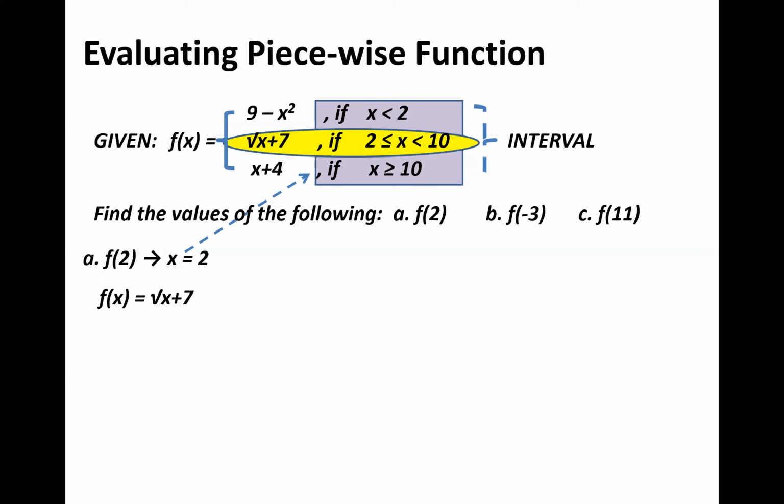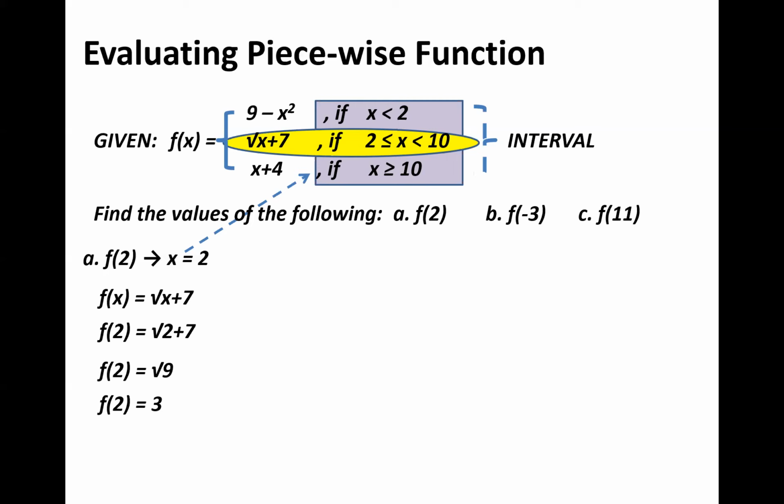So proceeding, substitute kagad natin. X is equal to 2. So that's f of 2 is equal to square root of 2 plus 7. Then, f of 2 is equal to square root of 9, but square root of 9 is equal to 3. So, f of 2 natin is equal to 3 daw.